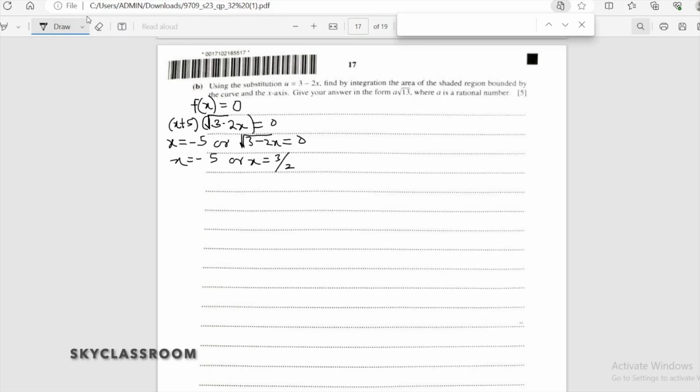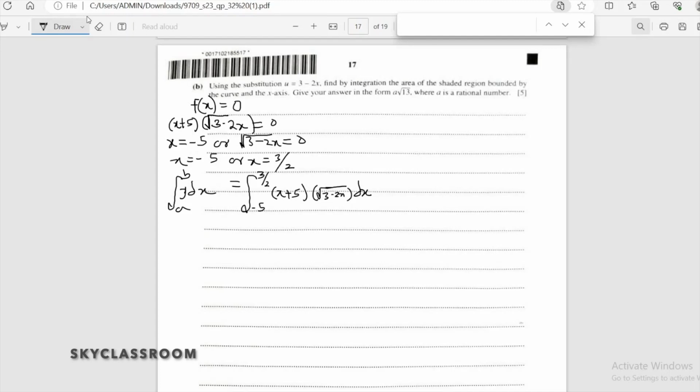We said using substitution, find by integration the area. To find area by integration, that will be the integral of y dx from a to b. So the integral, the upper limit is 3 over 2, the lower limit is minus 5, and y is x plus 5 square root of 3 minus 2x dx.